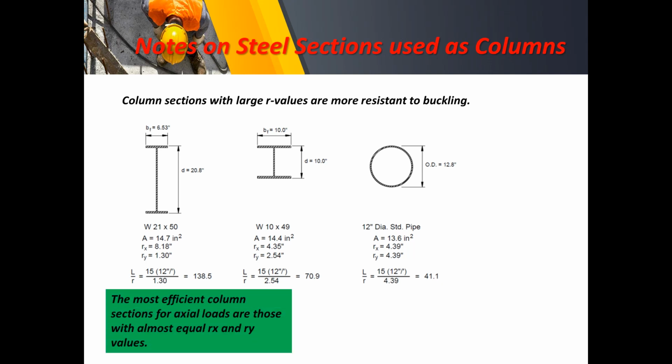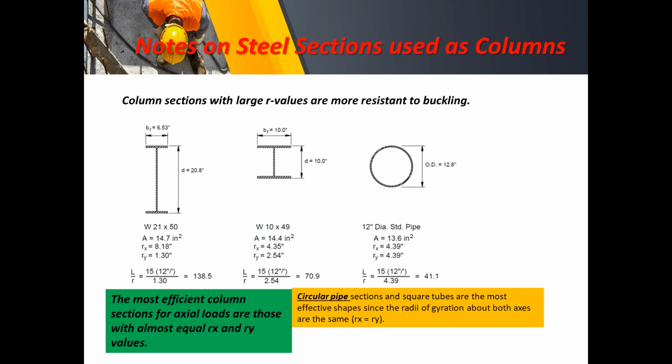So the most efficient column sections for axial loads are those with almost equal Rx and Ry values. So of course that is a circular pipe. Circular pipe sections and square tubes are the most effective shapes since their radii of gyration about both axes are the same.